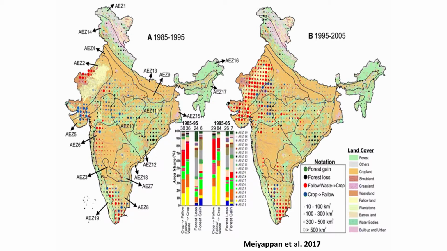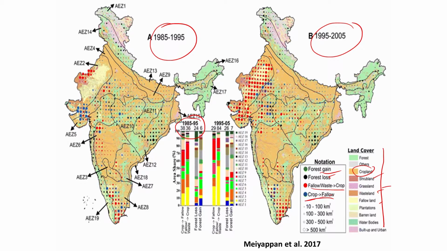Just to put it back in the context of all over India, these are changes from satellite maps of land use change, going from forest gain, forest loss, fallow and waste croplands, and various other land use types like cropland, shrubland, grassland, wasteland and so on. It is a very detailed map which shows the change from 1985 to 95 and 95 to 2005.